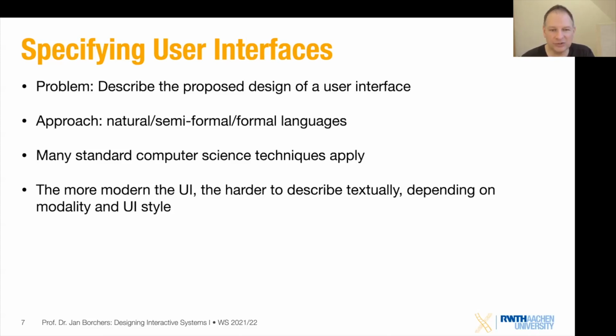Now, the great thing is here, one approach that you can take to specify a UI is language-based. And computer scientists are great at languages, right? We know how to solve problems by coming up with the language that gets parsed and that has certain meaning and syntax and semantics, and it translates automatically into some other kind of construct. That's our bread and butter as computer scientists. So we can use formal languages.